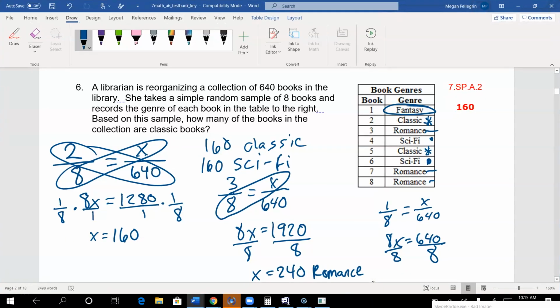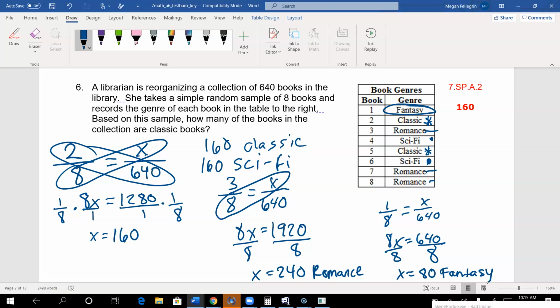Now, the reason that I am doing this is just to show you, we already had our answer because it asked about the classic books. However, we said that there was going to be a total of 640.